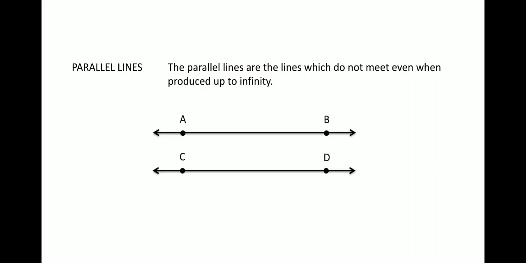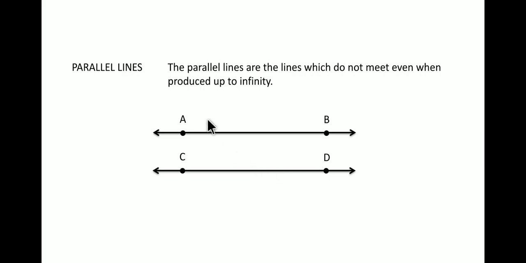Next is parallel lines. Parallel lines are those lines which do not meet each other even when they are produced up to infinity. So here this figure represents line AB and line CD, and they are separated in such a way that they do not meet even if you produce them up till infinity.